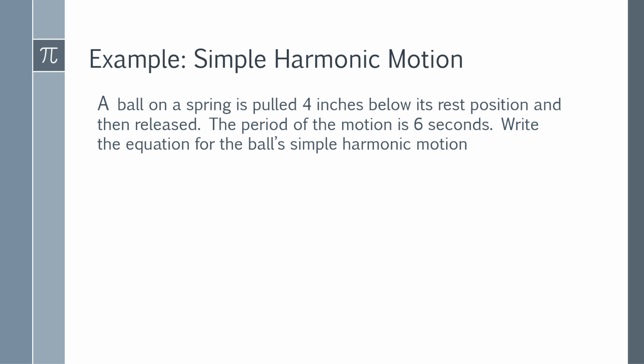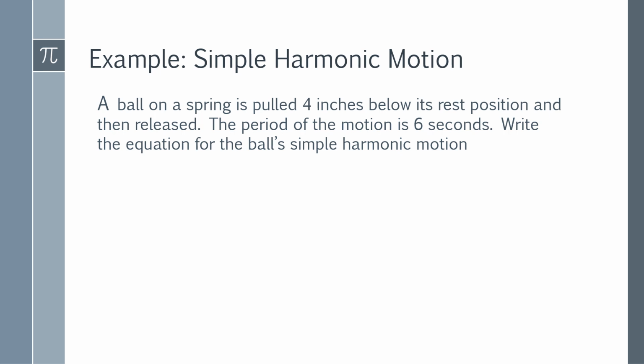Harmonic motion is just throwing the ball and letting it bounce up and down, up and down. A ball on a spring is pulled 4 inches below its rest position and then released. The period of the motion is 6 seconds. You have to write the equation for the ball's simple harmonic motion.